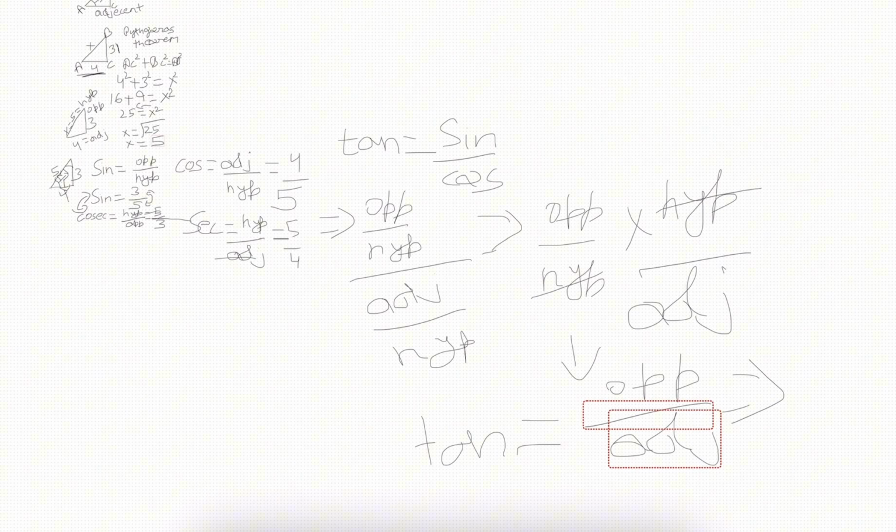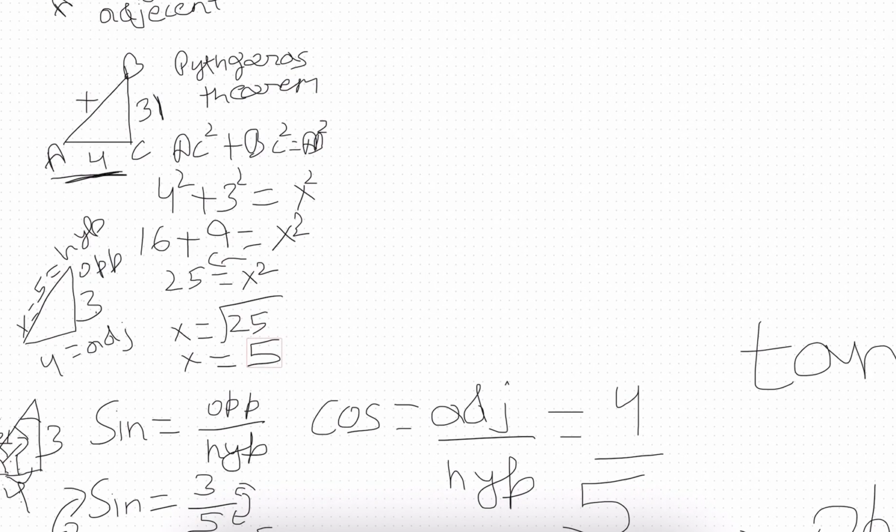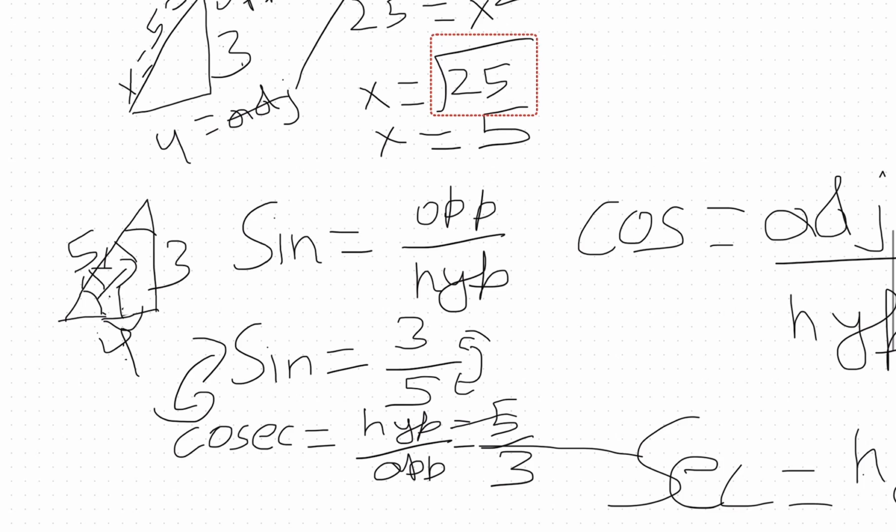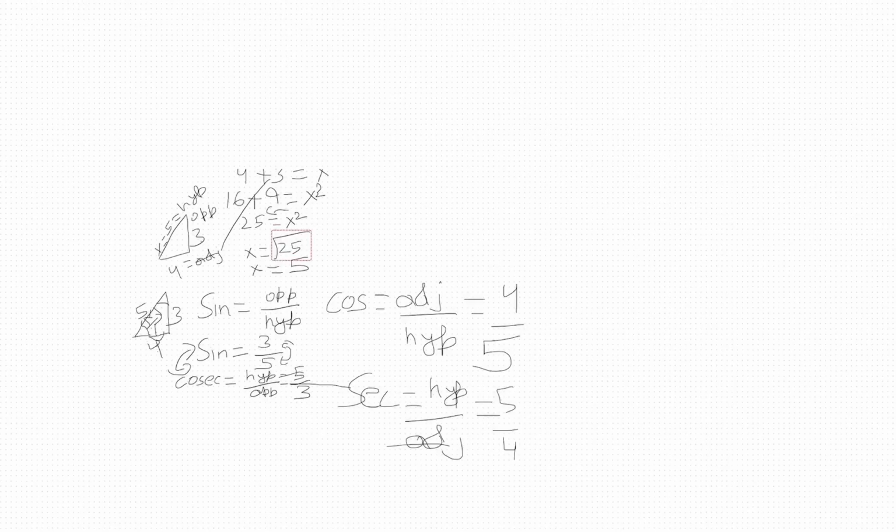We'll put the values. What's our opposite here? If you can see, opposite is 3 and adjacent is 4.